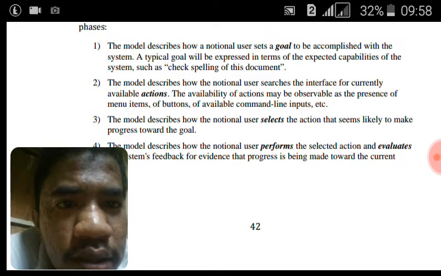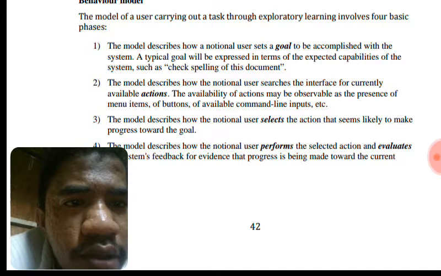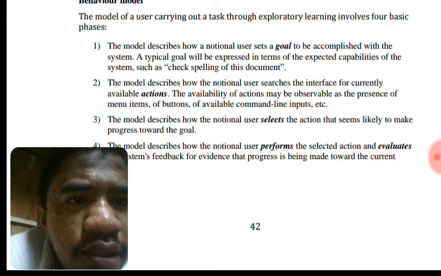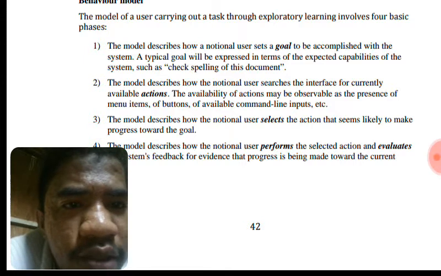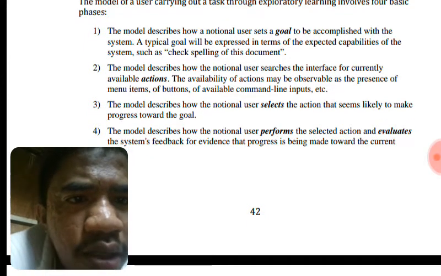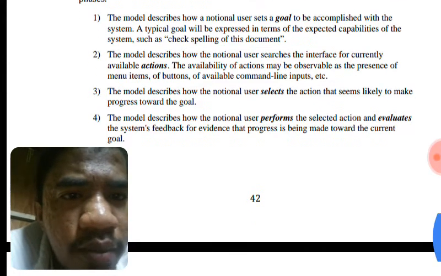The model describes how the notional user searches the interface for currently available actions. The availability of the action may be observable as the presence of a menu item, a button, or an available command line input.